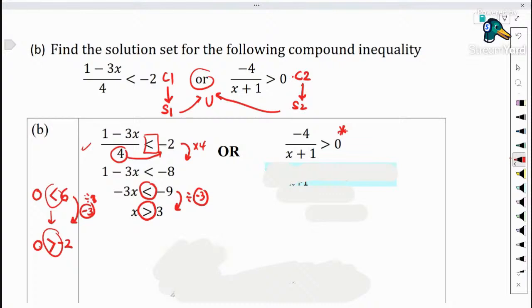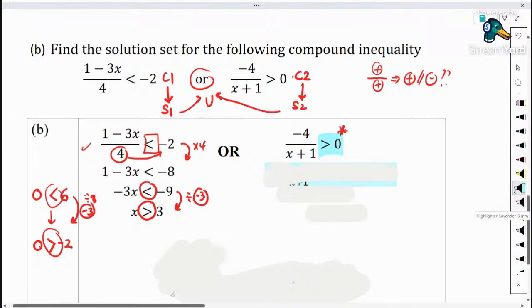What I want to check is, if I have a positive number divided by a number, whether the result is positive or negative. So let us consider this inequality. I break it into 3 parts, highlighted in blue, red, and also yellow.